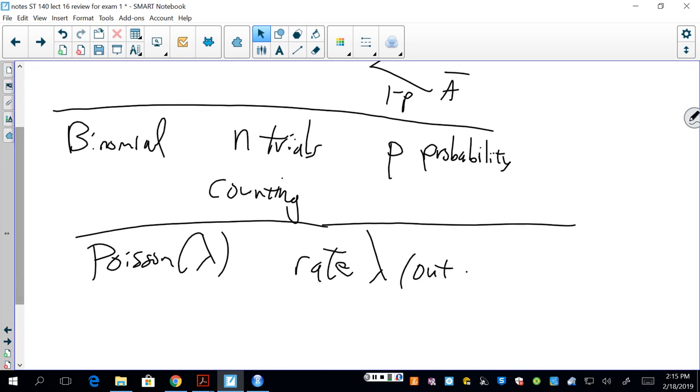This rate is often out of a large number. Now it's possible a number of those problems could be done with other methods, but let's not get confused with that. If it says a rate like that, thinking about Poisson will be the quickest thing.